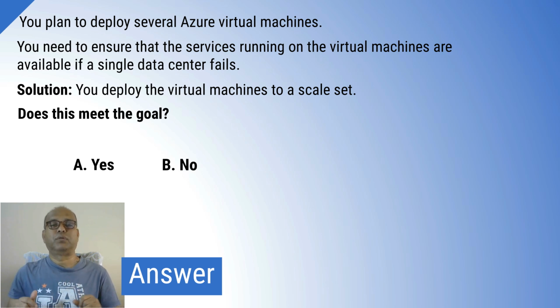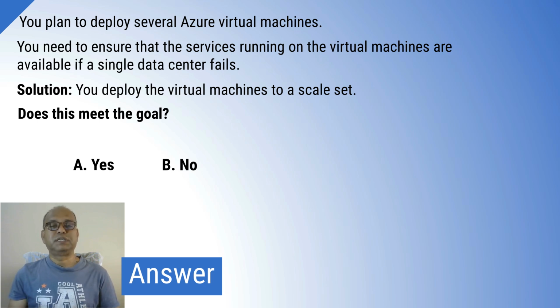this solution does not meet the goal. Azure Virtual Machine scale sets let you create and manage a group of load balanced VMs. The number of VM instances can automatically increase or decrease in response to demand or a defined schedule. Scale sets provide high availability to your applications and allow you to centrally manage, configure and update many VMs.